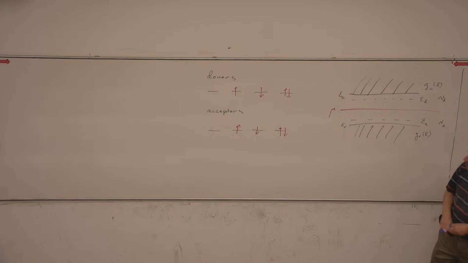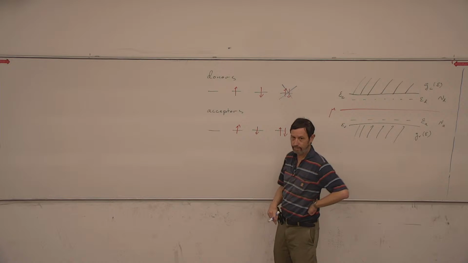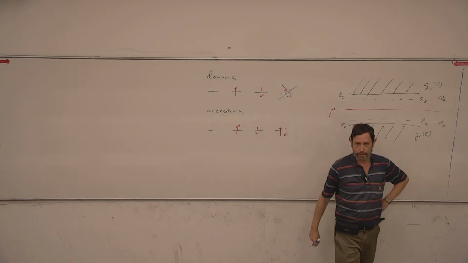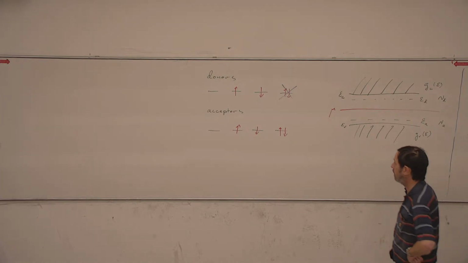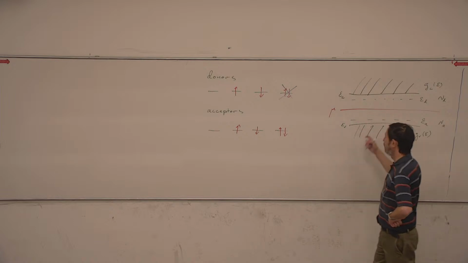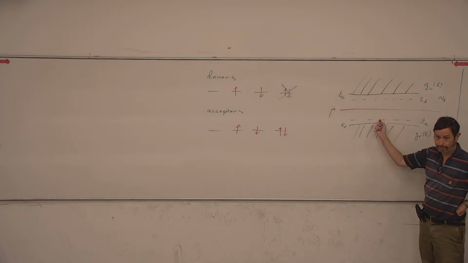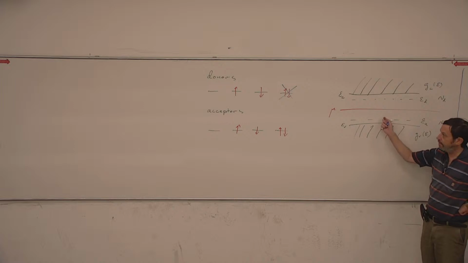So I can forget this state. The probability that we'll see such a population is small. Mirror picture here: we could have one electron moving up.